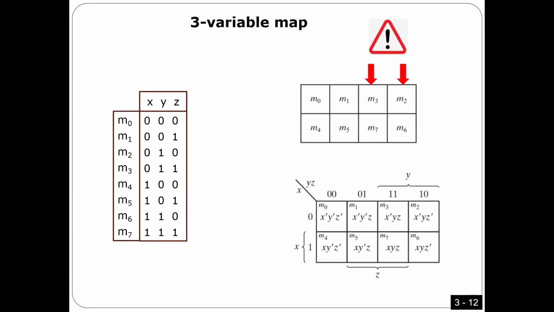So let's look here. So this is the map in the case of three variables. Here, these are the three variables: x, y, z. And this is the truth table as we know it. This case is actually minterm 0, minterm 1, minterm 2, 3, 4, and so on, as we know.